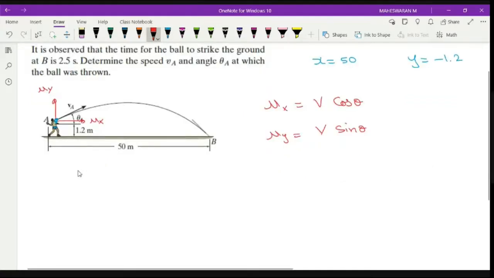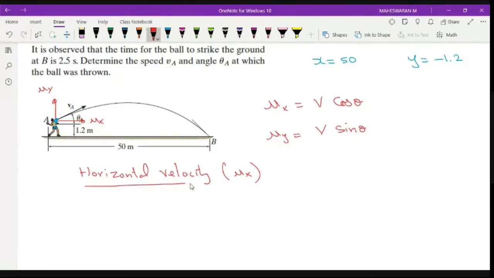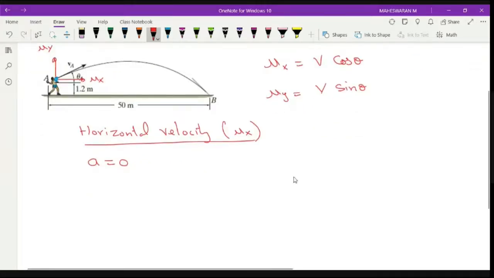Now, let us identify the horizontal velocities. When I say horizontal velocity, I am talking about Ux. Whenever I consider Ux, the horizontal velocity, your acceleration is always zero. So I use the three formulas. I write the three formulas here. V is equal to U plus AT.